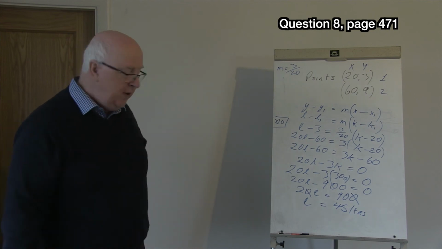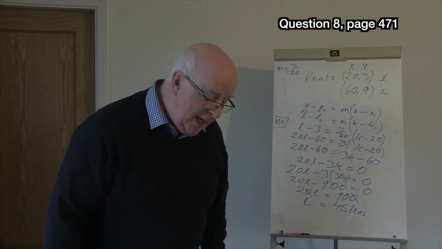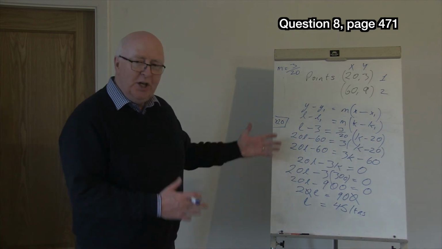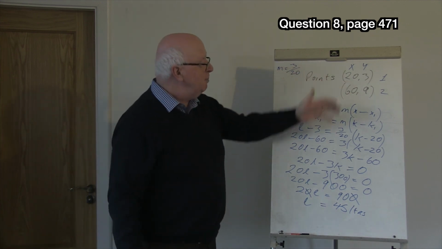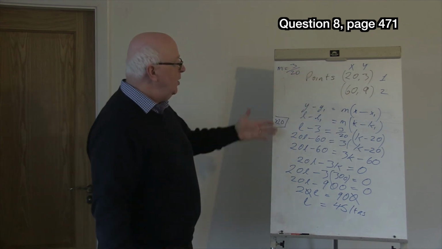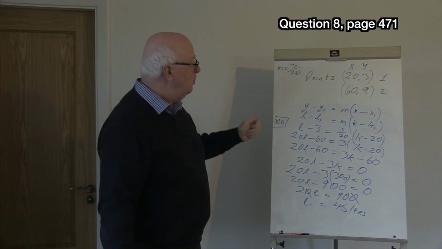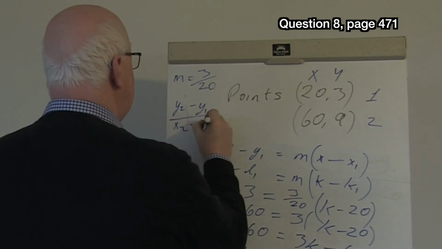So that finishes our question there, question 8. Yes, question 8. A little challenging at the very end because we're going back to coordinate geometry. But the first thing is pick your 2 points. Then you have to get the slope. You remember the formula for the slope, y2 minus y1 over x2 minus x1.